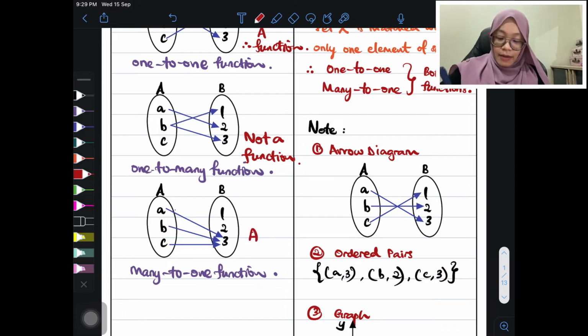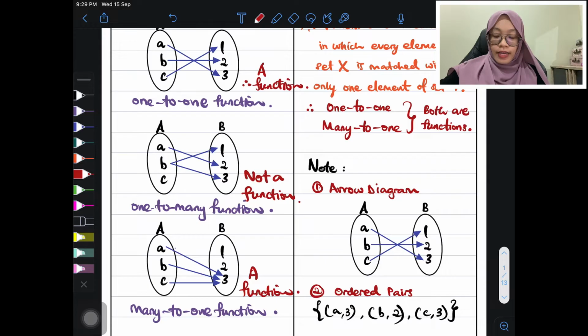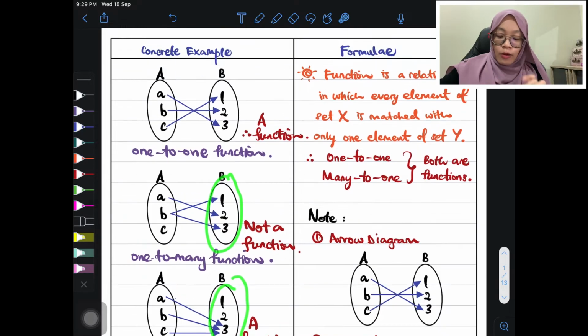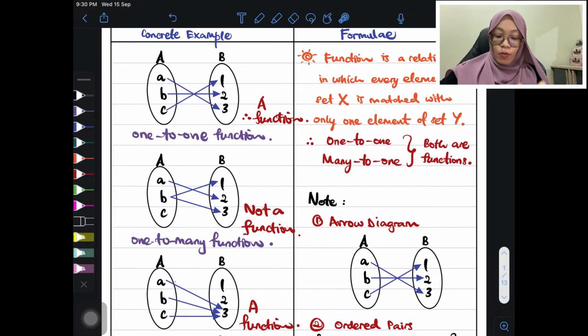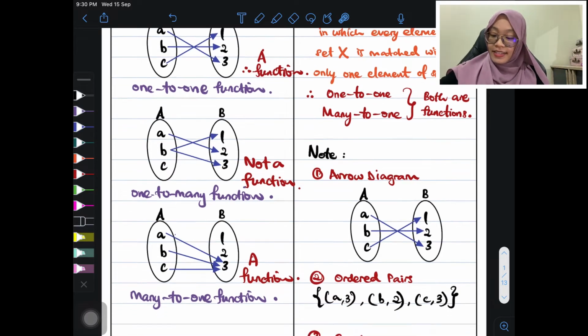Many-to-one, happy, a function. Okay, sekarang ni kamu nampak perbezaan yang sangat jelas ya, di mana pada set B ataupun set Y, kita kena pastikan mesti mempunyai one element yang di-matchkan sahaja. So one-to-many is never a function. That's all. It's very easy.